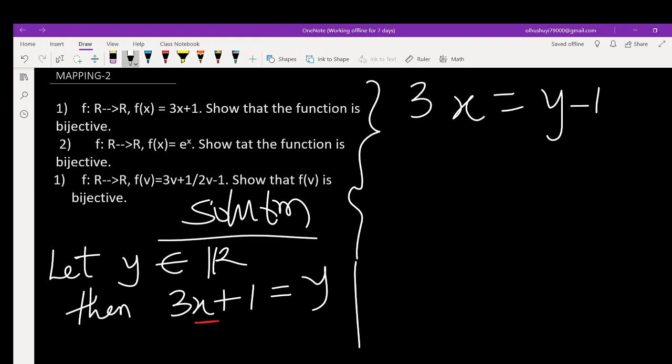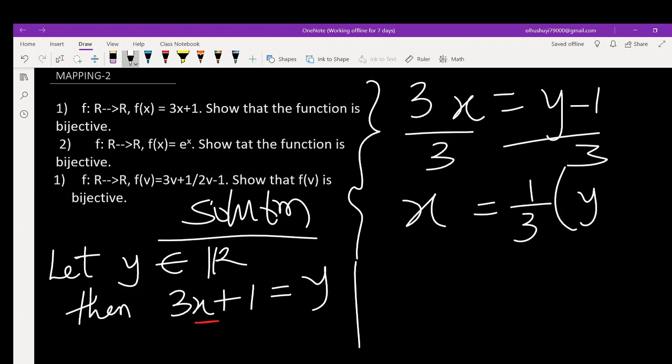From here, dividing both sides by 3, then x is equal to 1 over 3 open bracket y minus 1. Now the question you ask: will this right hand side belong to the set of real numbers? This will automatically belong to the set of real numbers.